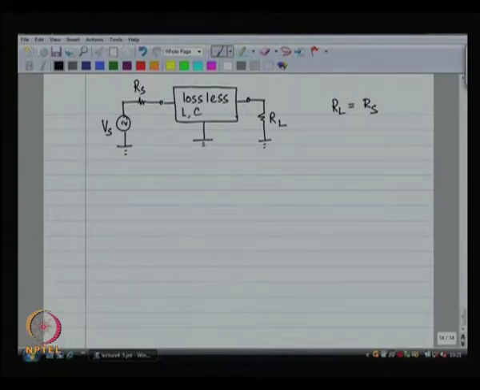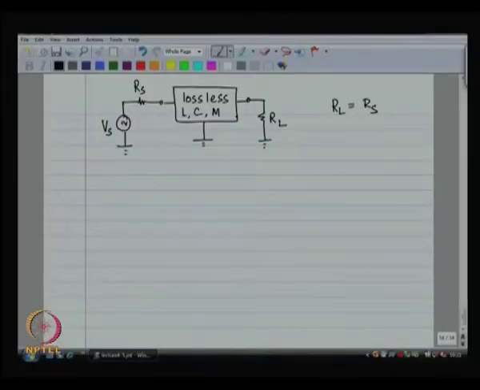Inductors, capacitors, if you need, transformers, mutual inductances, any element that does not consume power. So, this does not mean that you can use transistors. You cannot use resistors, transistors, diodes, nonlinear components, anything that consumes power inside this network.